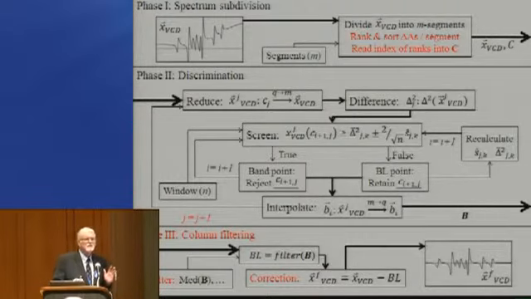I don't want to get into the details of this. A, there isn't time, but B, it's really kind of complicated. We've just submitted a paper on this to Applied Spectroscopy, so hopefully the referees will like it. And if anybody wants the details of this, once it's accepted for publication, I'll be happy to send it out to you.